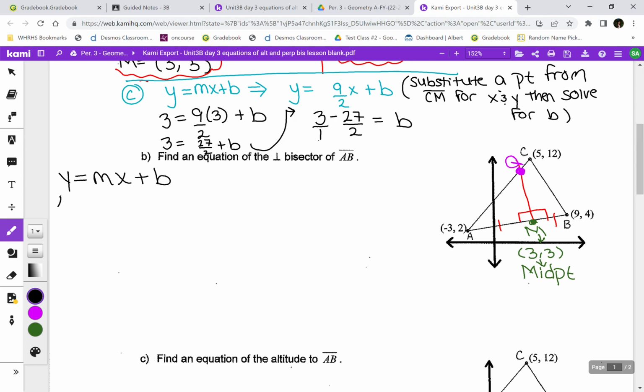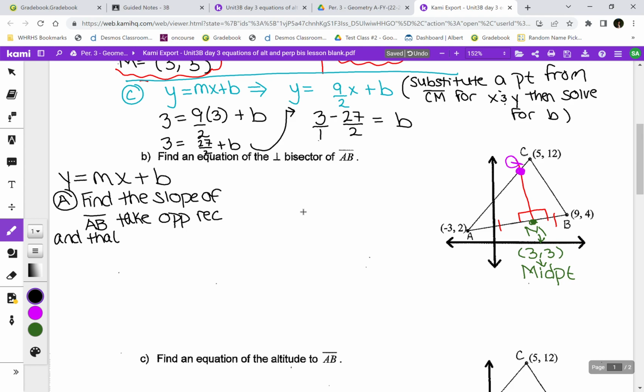Part A, our first step here is find the slope of AB, take the opposite reciprocal, and that will be the slope of QM.